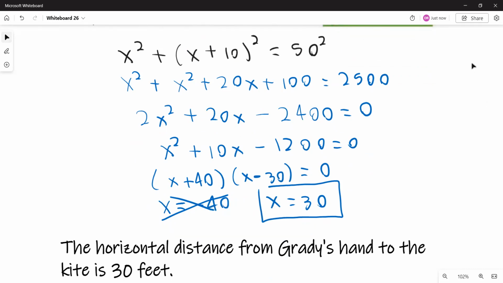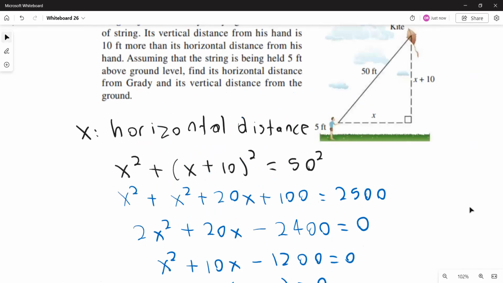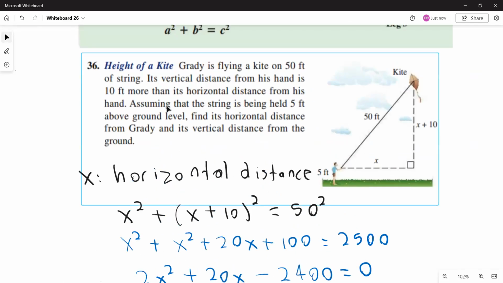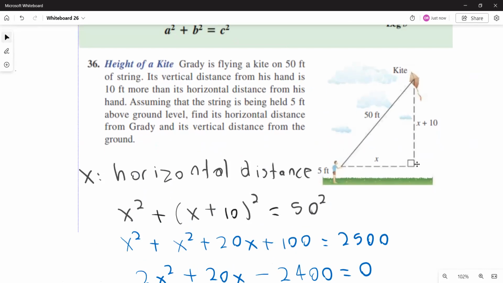And the vertical distance. Okay, so the vertical distance, we know that the string is being held 5 feet above the ground level. So that's going to be 5 plus x plus 10.